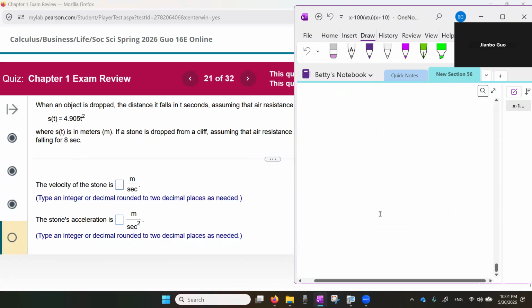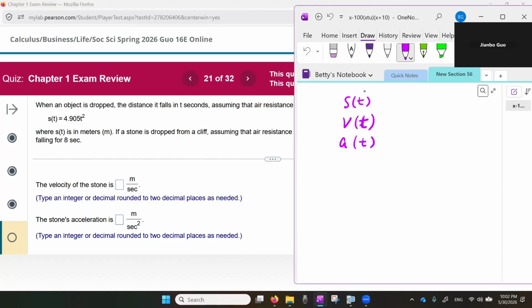Here we have three functions involved in this type of problem. Distance function, normally we use t, time, as the independent variable. Velocity function, acceleration function, right?